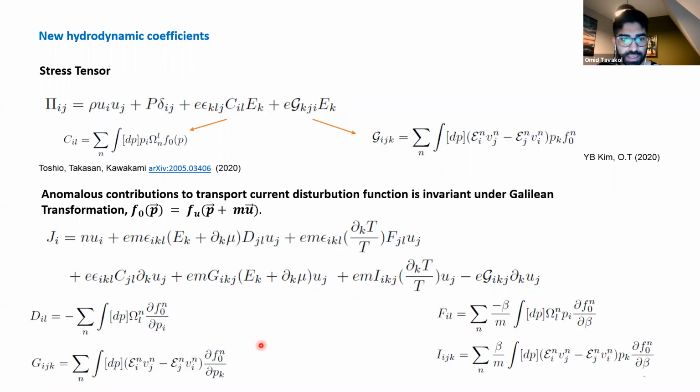But I should mention that these are somehow related to this KLG and C. For example, you can see this IJK here. If you just take the temperature derivative of this KLG, you can find this new hydrodynamic coefficient. So they are not really independent.